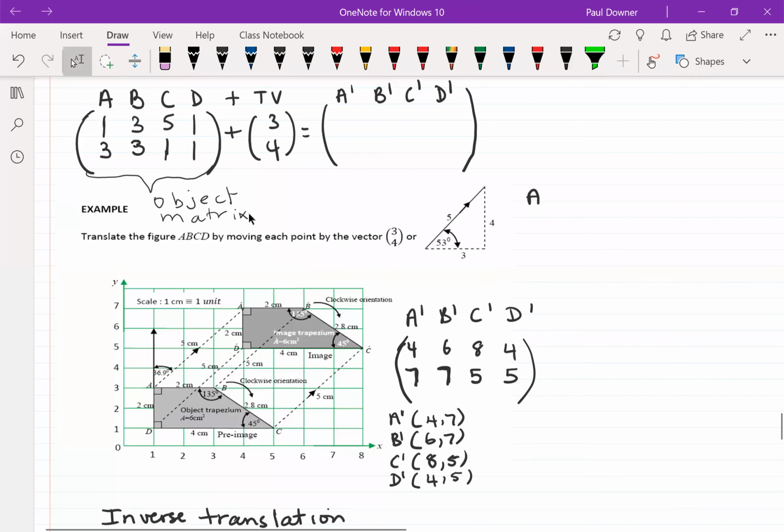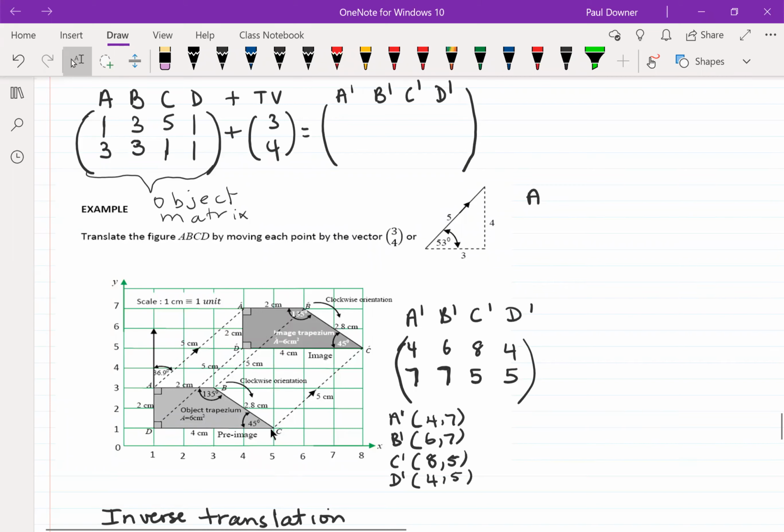Now, if we had to translate this shape by the vector (3, 4), it's equivalent to moving all of them like this. See how that arrow goes, which is 53 degrees to the horizontal, 5 units. Or we could just take each object point on the vertices and move each one (3, 4).